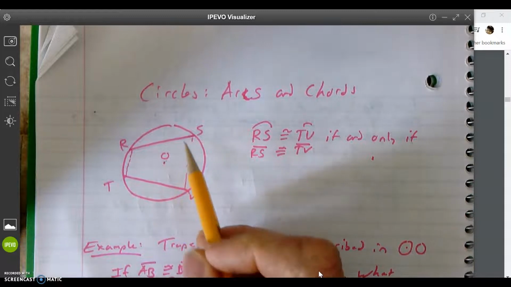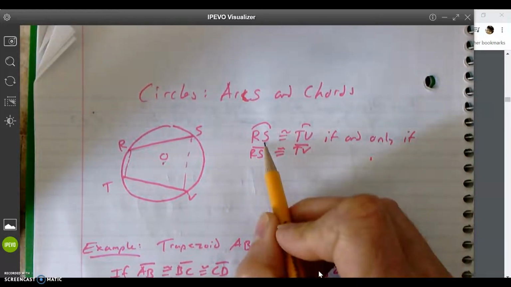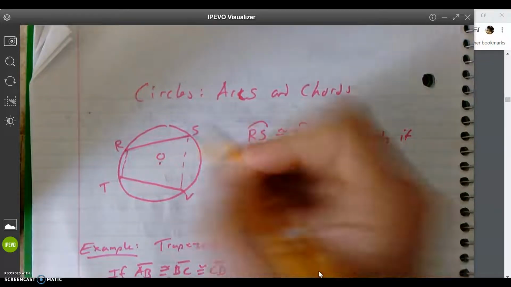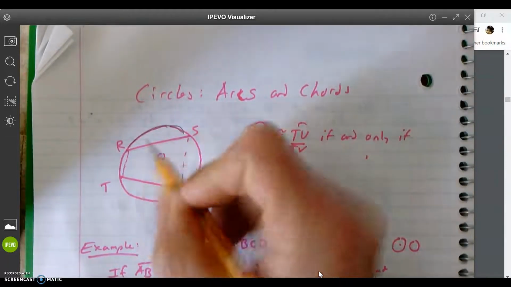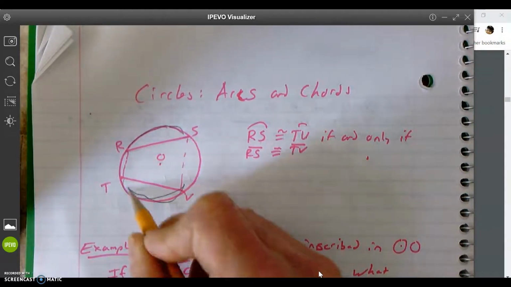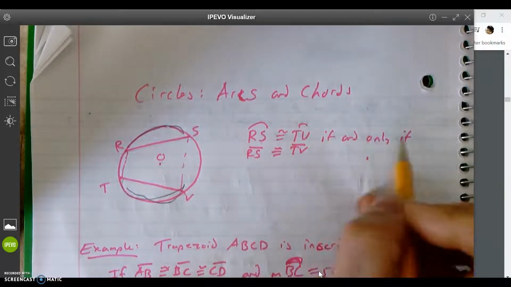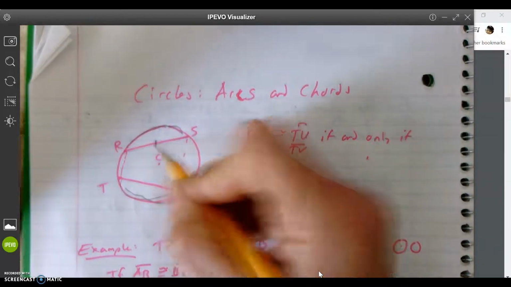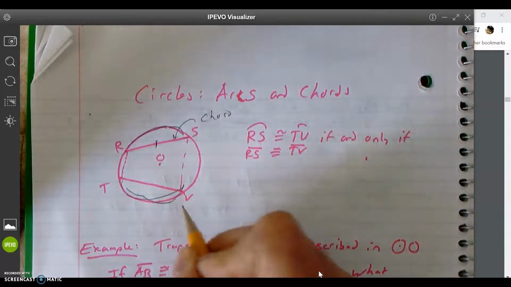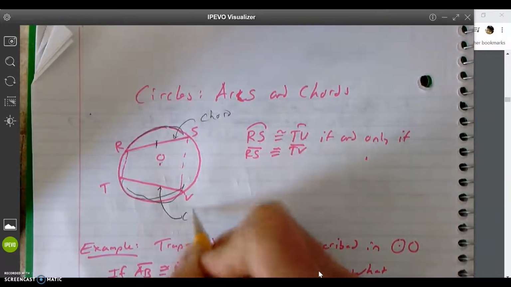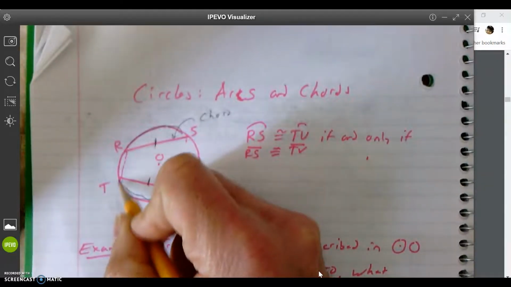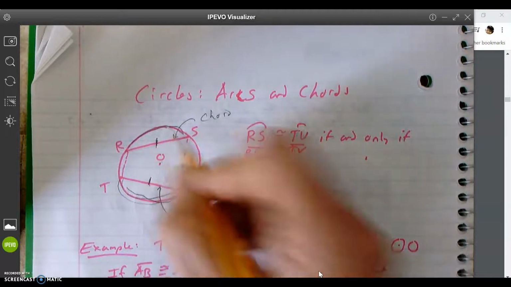So arc RS is congruent to arc TV, sorry, TV, my bad, if and only if this chord is congruent to this chord. So if these chords are congruent, therefore the corresponding arcs are also congruent.